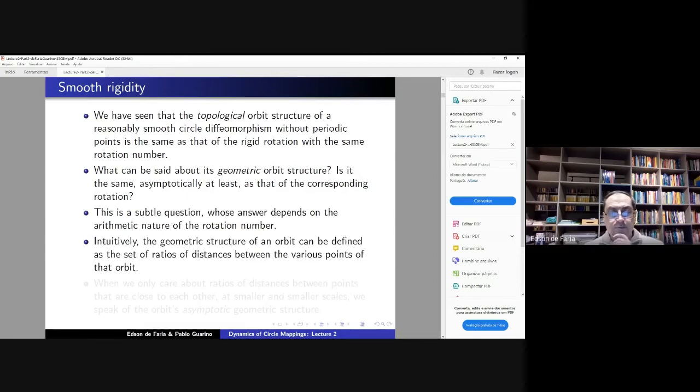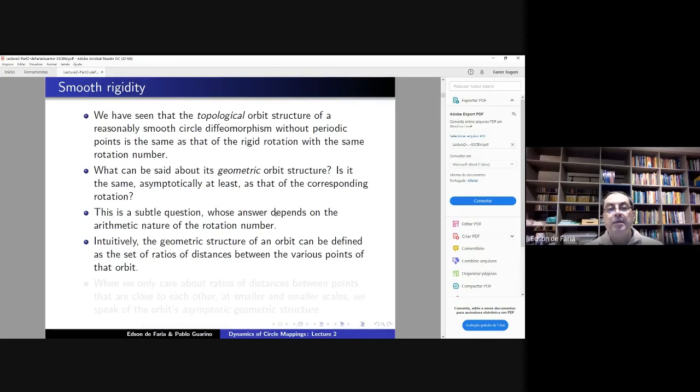But the intuitive meaning of geometric structure is as follows. You take a point on the circle and you iterate up to a certain time n. So now you have finitely many points on the circle which are part of an orbit. And then you look at ratios of lengths between consecutive points on this orbit, and you record these ratios of lengths.